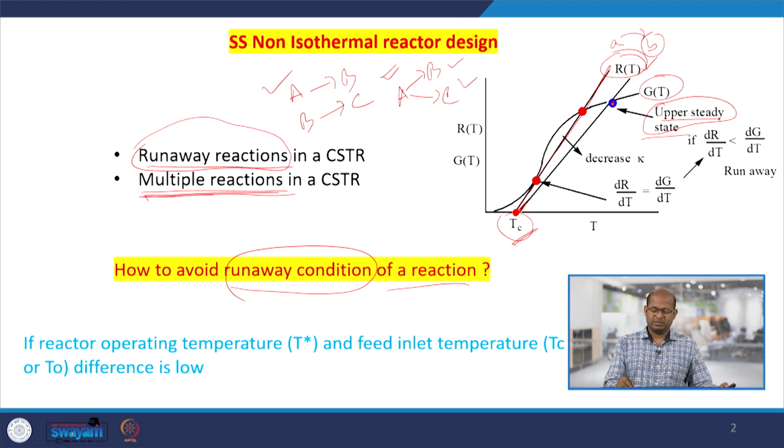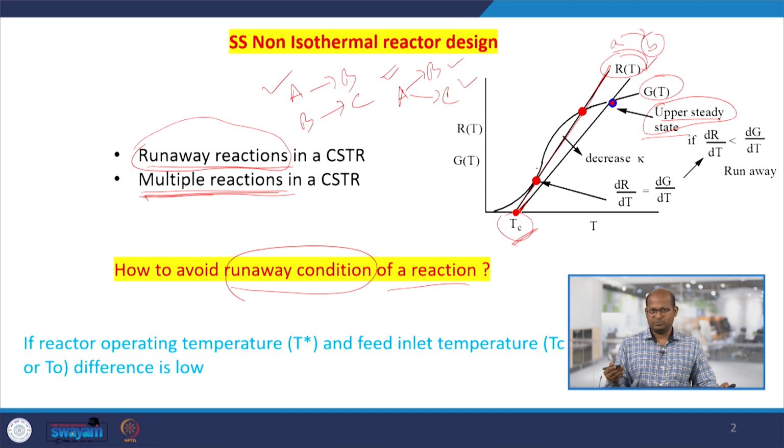But if this temperature is sufficiently high, then that is also not good for the reactions. Why is it not good to operate the reactor at high temperature? Here we are getting one steady state point, but the steady state temperature is very high. Here we can operate this reactor at this temperature, which is also a steady state temperature, and this steady state temperature is low.